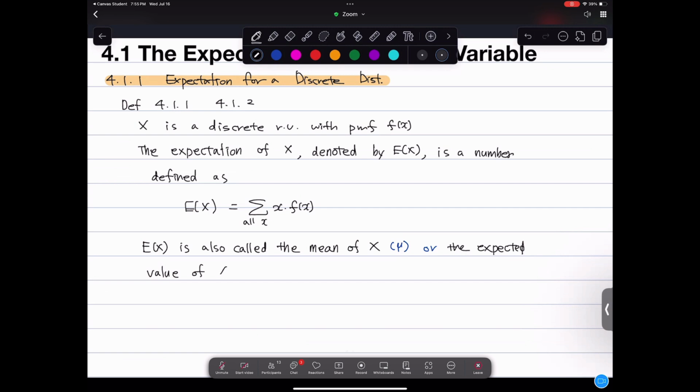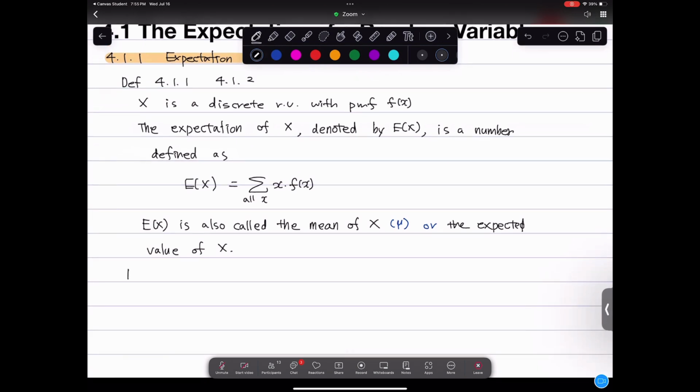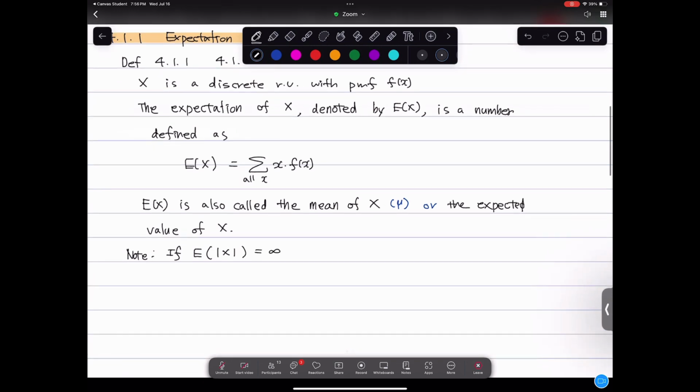I'm more used to calling it expected value. All right, that was that. Let me get the note. If the expected value, or expectation, of the absolute value of x is infinity, then we say that the expectation does not exist. So you may have a value or you may not have a value.